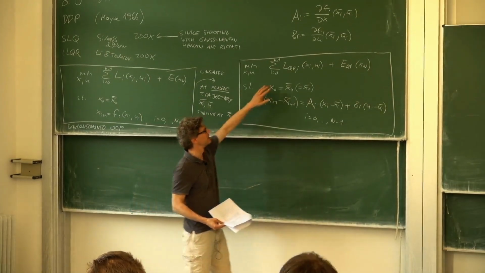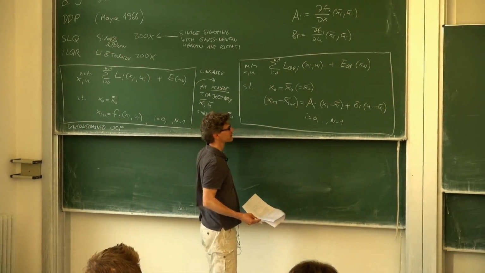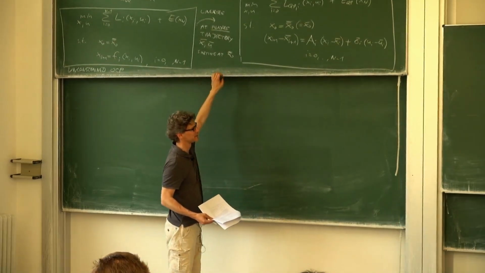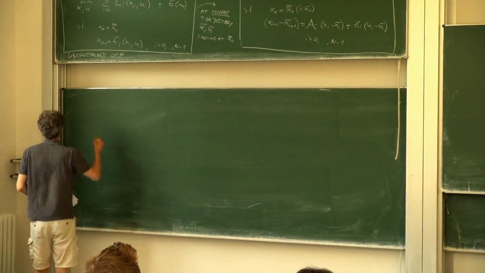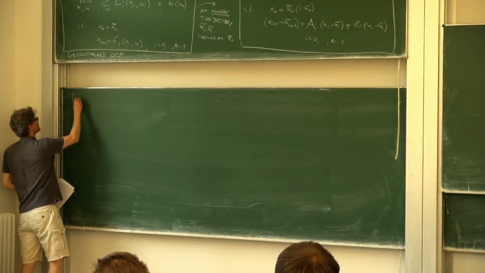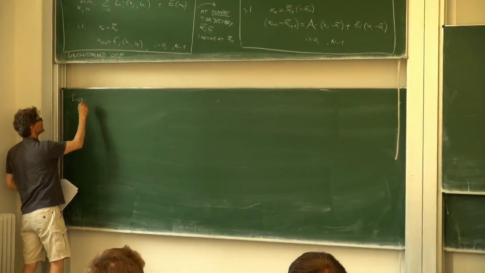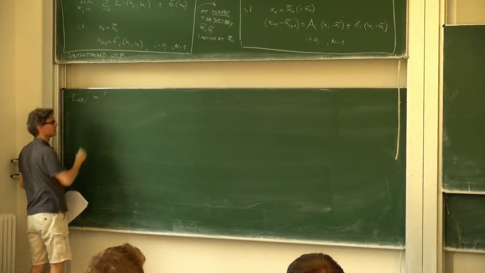Now, for these linear quadratic terms, I would like to make, so to say, a shortcut to explain them. LQP with index i. So what are they?